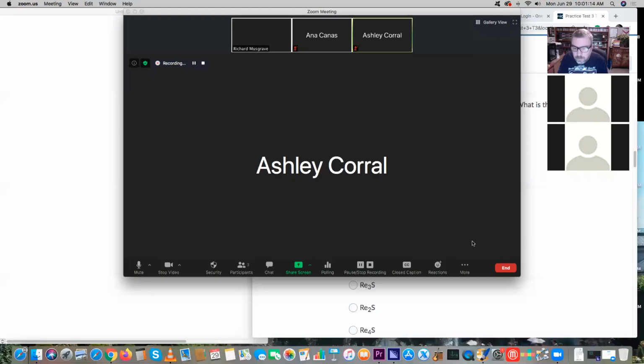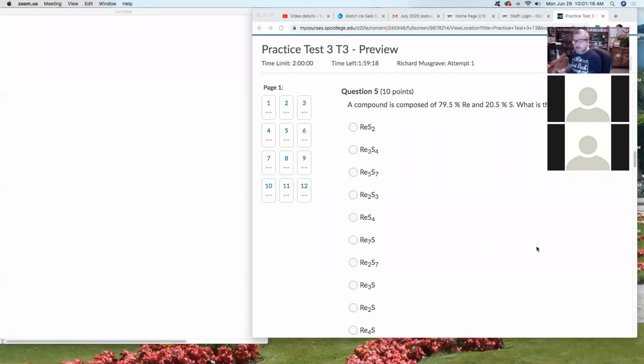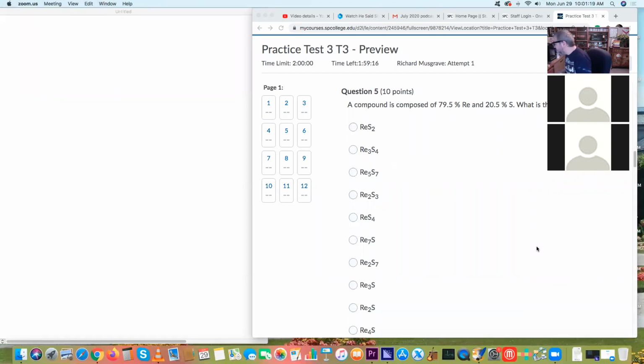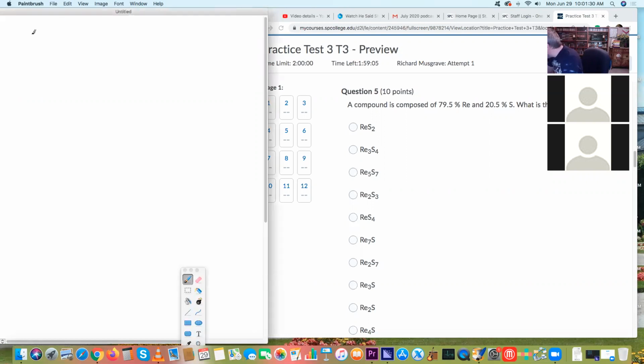Okay. So if we've got a problem like this one, where we're trying to find out the empirical formula, what we have is percentages of Re and S. And the way that I recommend setting these up is to do a kind of a table approach here, with the idea being that we want to find out how many grams we have, how many moles of each we have, and then we need to divide by the smallest.